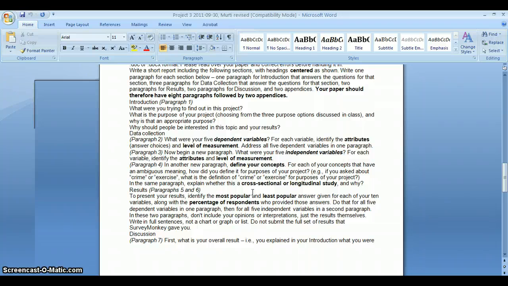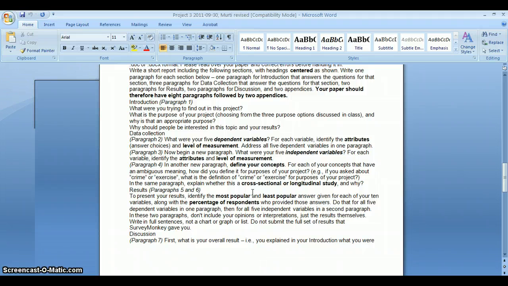Remember, level of measurement is what we spent some time on last week. That was kind of difficult to wrap our heads around, but that is the nominal, ordinal, interval, ratio. What level of measurement are your answer choices, your attributes?